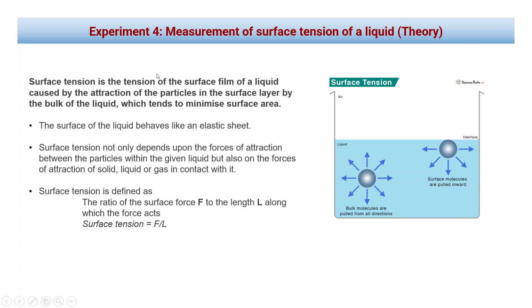So surface tension is the tension of the surface film of a liquid, caused by the attraction of particles in the surface layer by the bulk of the liquid, which tends to minimize surface area. What happens in a liquid? Consider this is an H2O molecule, and this liquid is water.